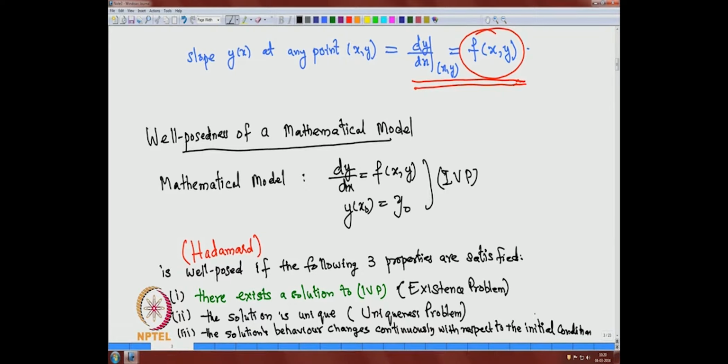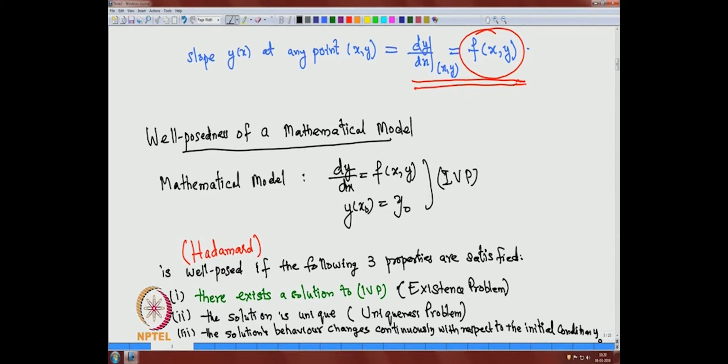So, these three problems: the first one is whether there exists a solution to the mathematical model. The second problem is whether the solution is unique, and the third problem is whether the solution changes continuously with respect to the initial condition, here it is y0.